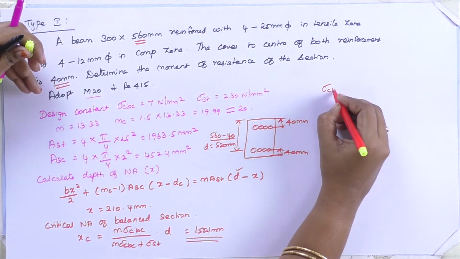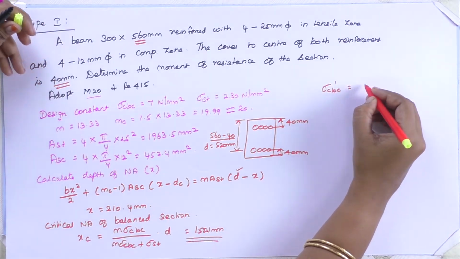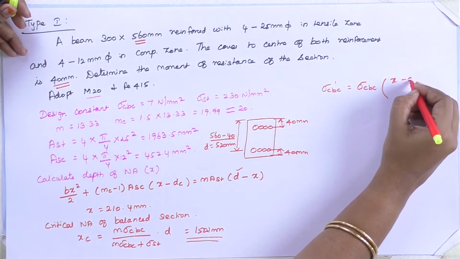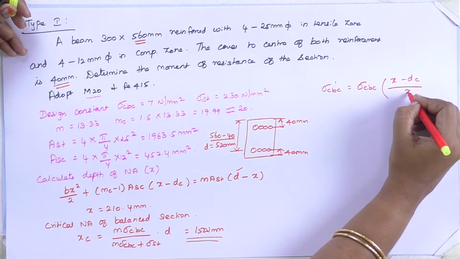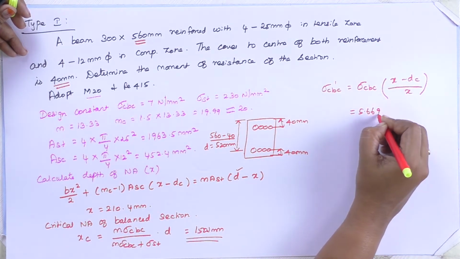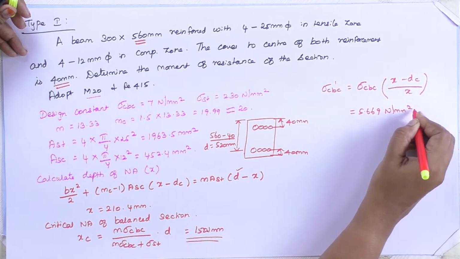Now sigma CBC dash is equal to sigma CBC into (x minus dc) divided by x. You can get 5.669 Newton per mm square.